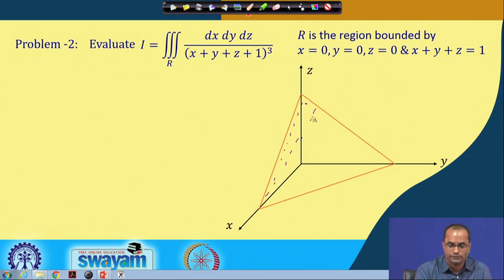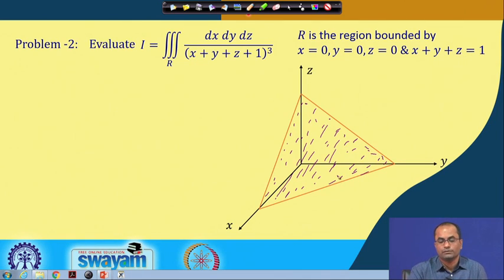So, we have the 4 planes, the 3 standard coordinate planes, and the plane x plus y plus z is equal to 1. Now we have to fix the limits for this region R, which is bounded by these planes.